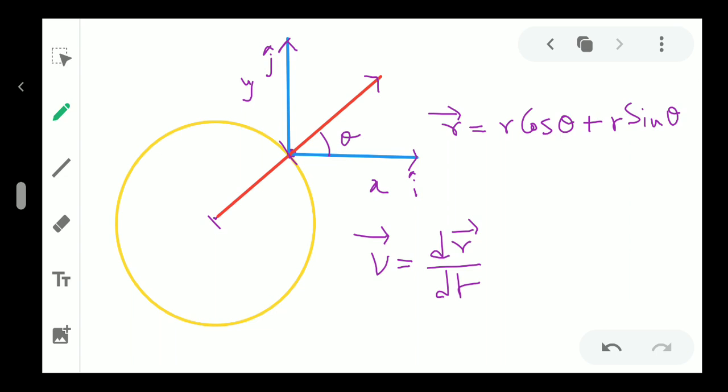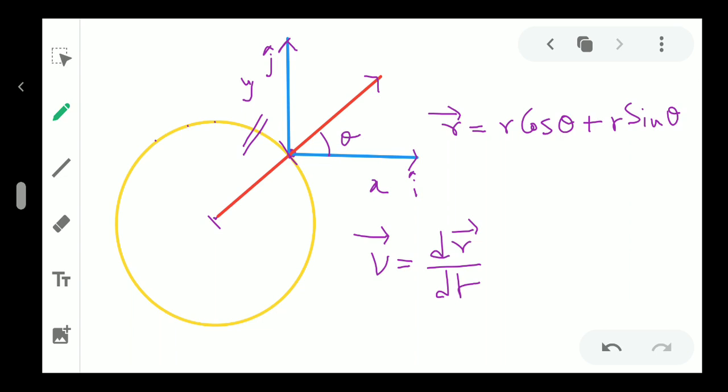Because when we are trying to find the rate of change of some quantity, that means I am going to find that in unit time what will be the change of r vector. You can see in this circle that in every moment the curvature is changing. So as the curvature is changing, I have to take a very small portion of r so that I can get an instantaneous value.